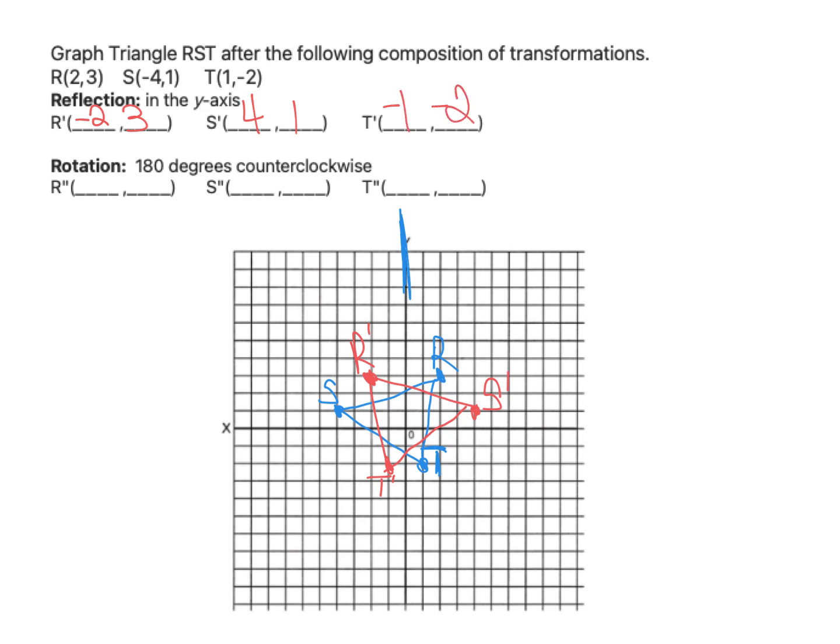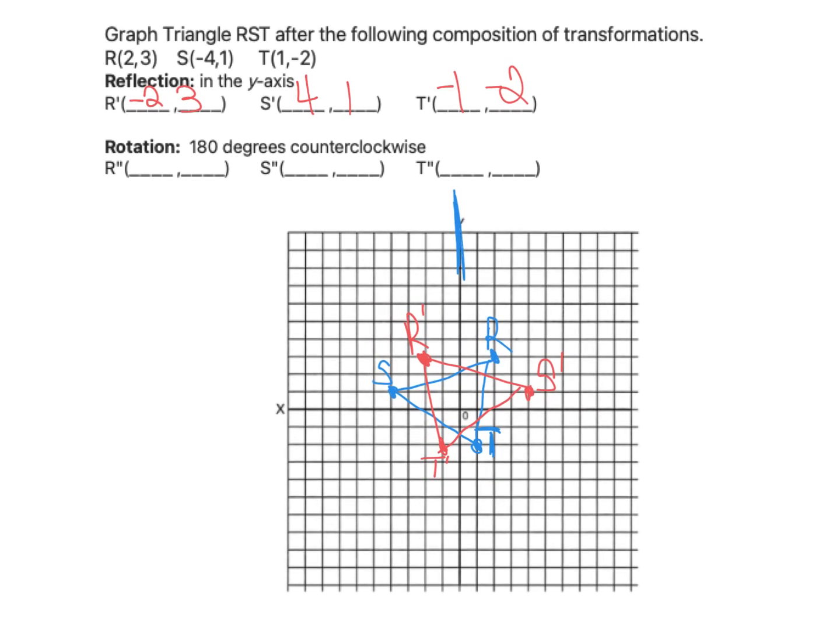Okay, now we are going to rotate 180 degrees. So let's go ahead and think about our rule. Our 180-degree rule is going to be opposite of X, opposite of Y. Okay, which means basically we're not going to flip-flop any of the order. We're just going to change the signs.